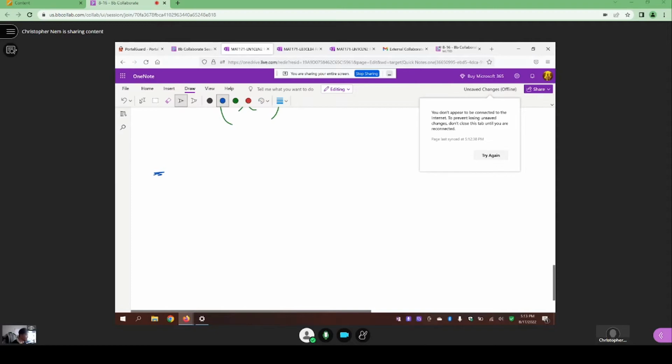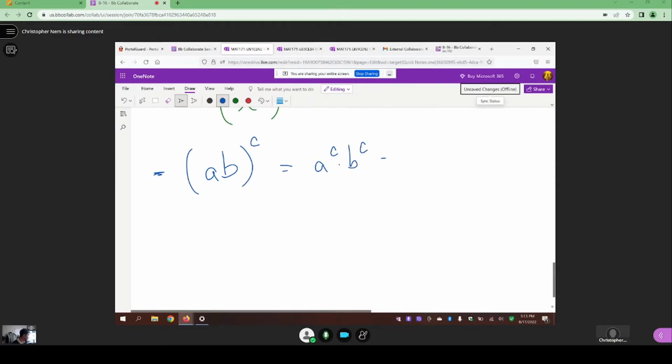It doesn't really have a name, but suppose we have a times b raised to the c power. If everything is a single term, or if you're just multiplying, there's no addition, no subtraction at all, you can do this. You can separate it into a to the c power times b to the c power, which is going to give you a to the c, b to the c. You can actually do that.